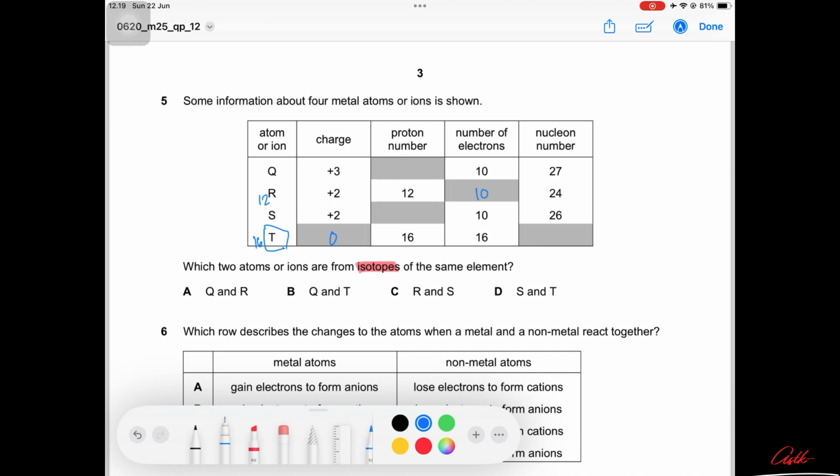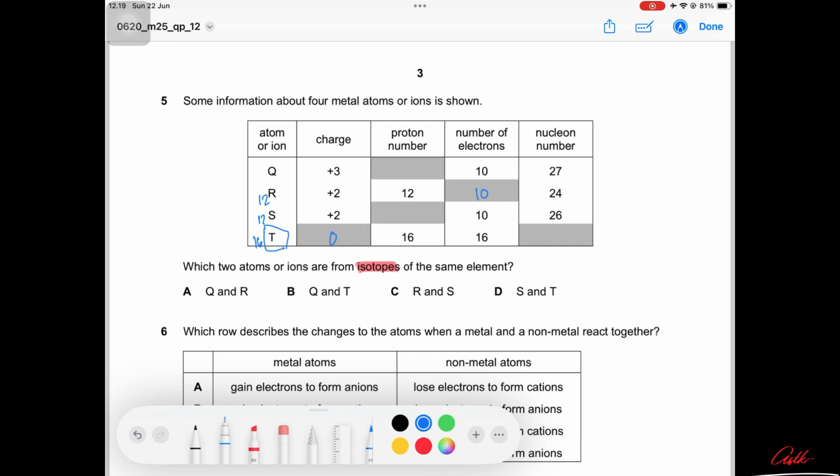As you can see here, atom S has 10 electrons and the same charge as atom R. So it will have the same atomic number as atom R, 12. Okay, just skip the proton number.